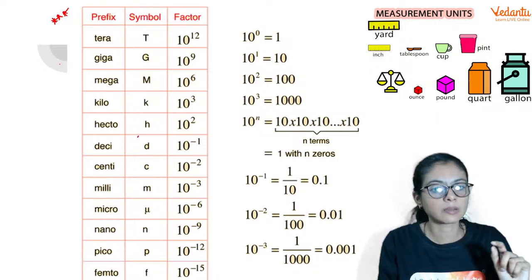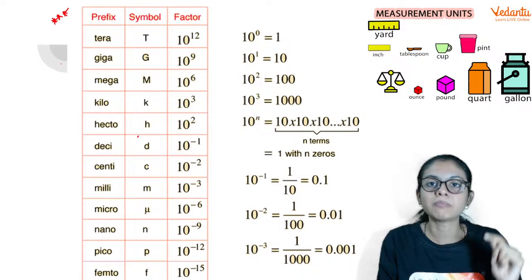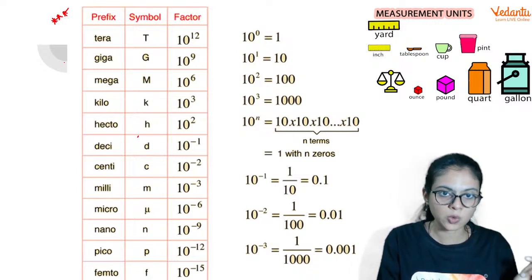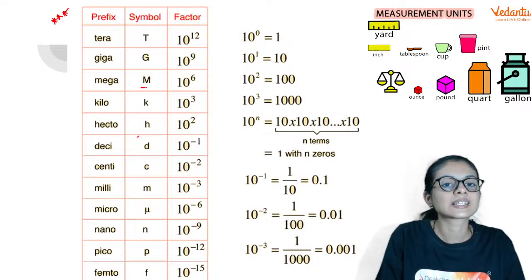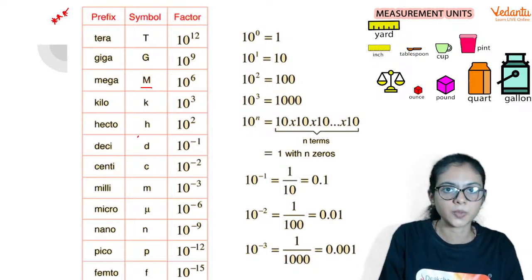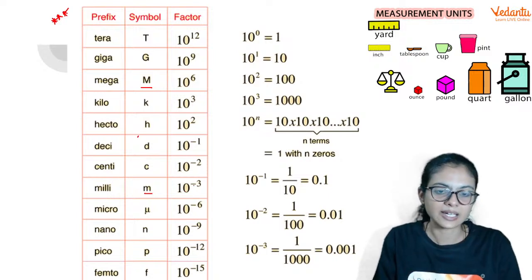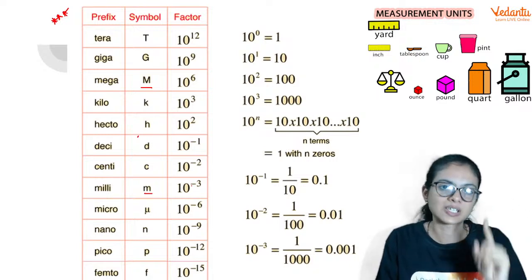Mega is capital M. Most students get confused between mega, milli and micro. It appears the same as M, but it's not. Capital M in mega represents a big number, 10 power 6.